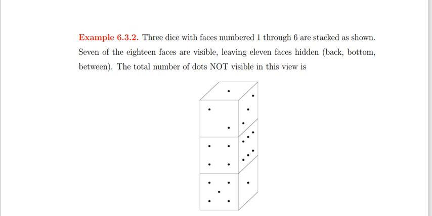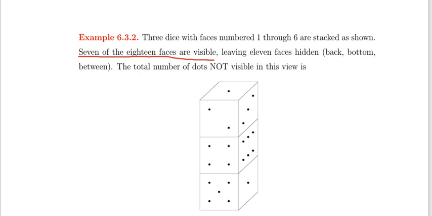Okay, for this problem, it says 3 dice with faces numbered 1 to 6 are stacked as shown. 7 of 18 faces are visible, leaving 11 faces hidden.